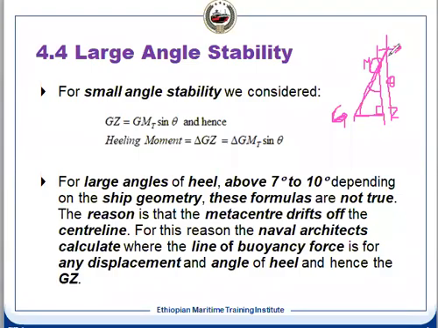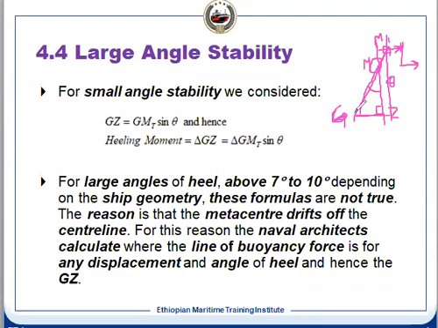It will be shifted towards this direction as well as move upward. Suppose this is M1. It has to move in both directions, in this direction as well as upward, so that it coincides here. So that is the reason our GZ is changed.